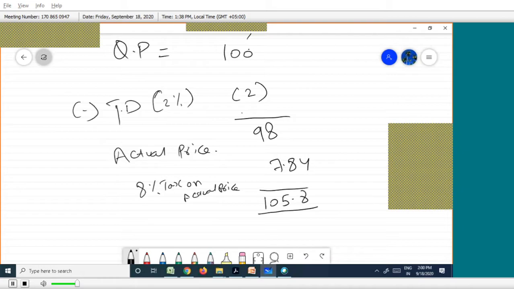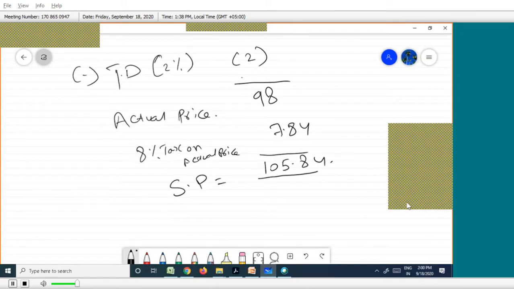Why did I do this? I want to explain that there is some price here. In the question you have 370.44 lakhs after charging 8% sales tax and giving a trade discount of 2% on the quoted price.